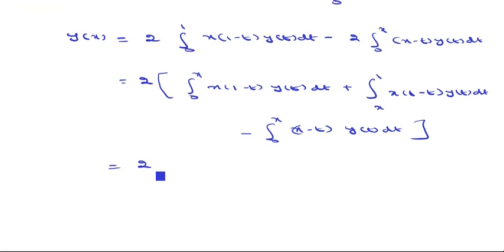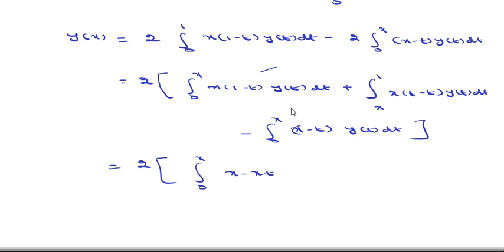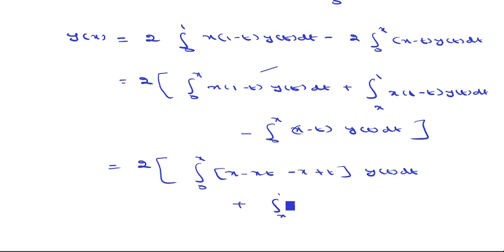So this is equal to 2 times, we can combine the first term and the third term. So we have integral 0 to x of x minus xt, and y of t is common, so here we have minus x plus t, y of t dt, and the third term will be as it is, x times 1 minus t, y of t dt.